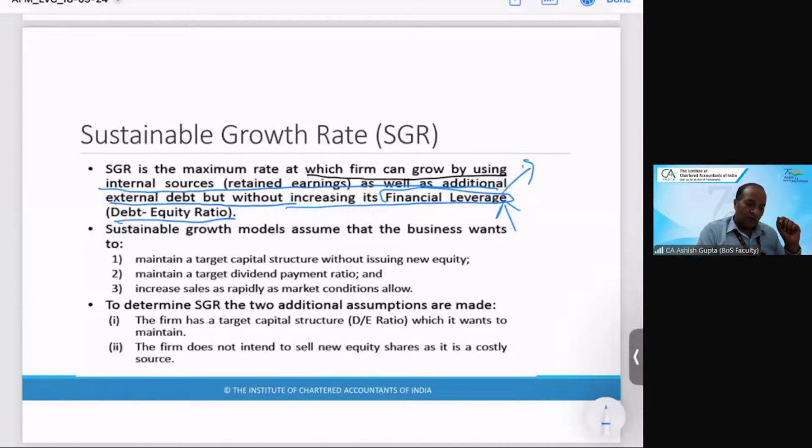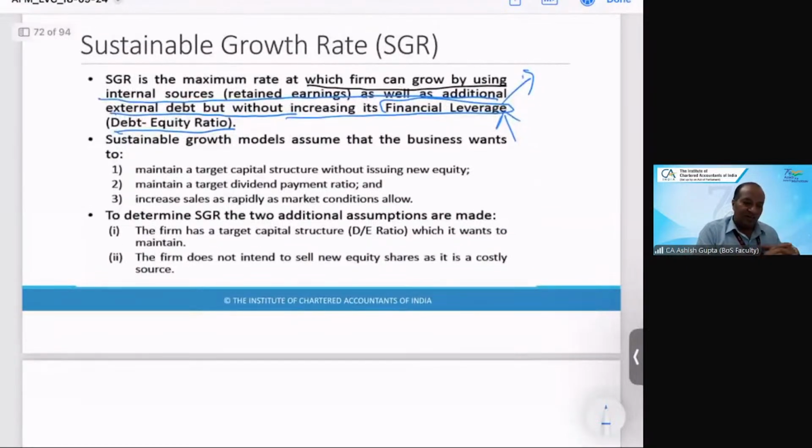Double-edged sword. So here, the sustainable growth rate is a rate at which the firm can grow by using internal as well as external funding, but keeping itself within the limitation of financial leverage.